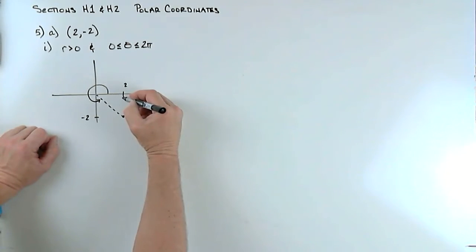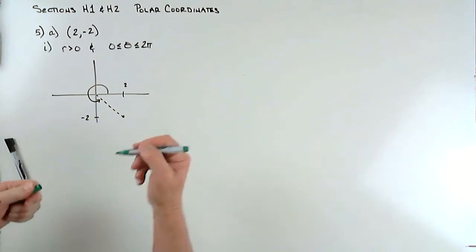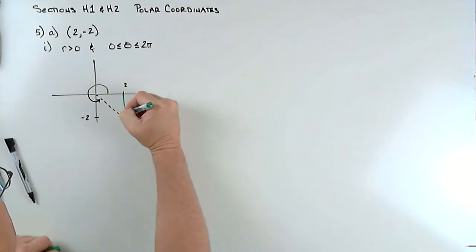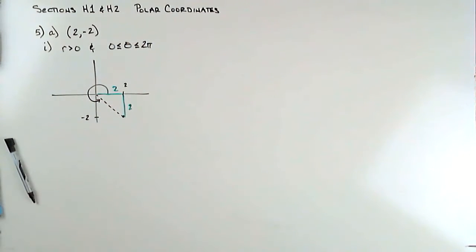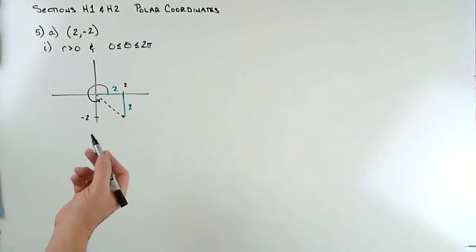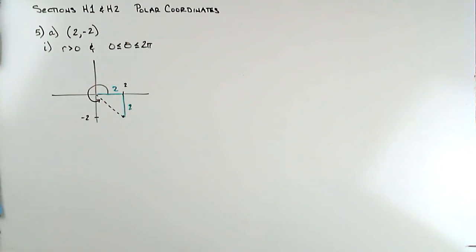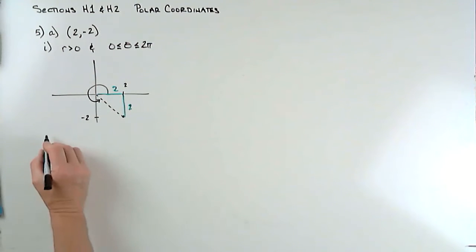That's just a triangle, right? This side is 2, and this side is 2. So we could use the Pythagorean theorem, or if we know it in our head, we could say that side's going to be 2√2. So we could do this with geometry, or we could use our formulas, right?